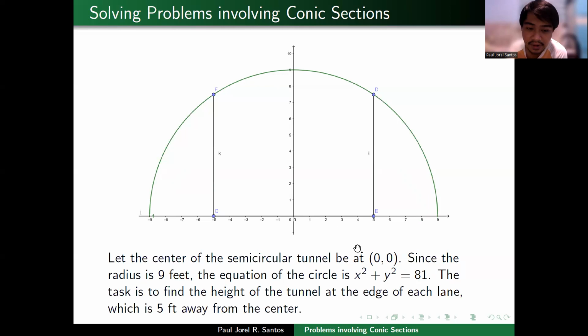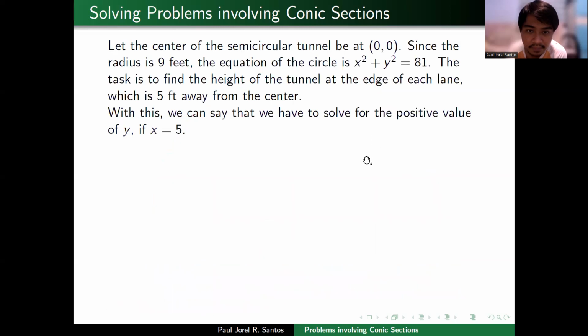The task is to find the height of the tunnel at the edge of each lane, which is 5 feet away from the center. Actually, we can also find the value of y here, but perhaps you can just use this point D. We will determine the height, or the y value, in point D.